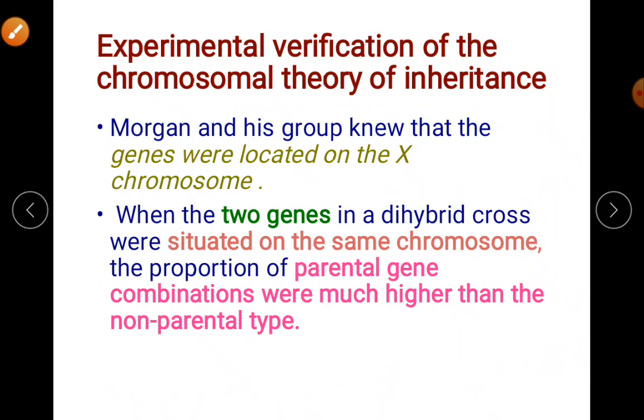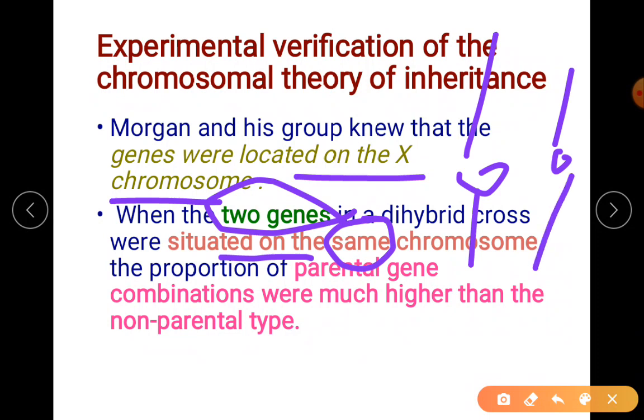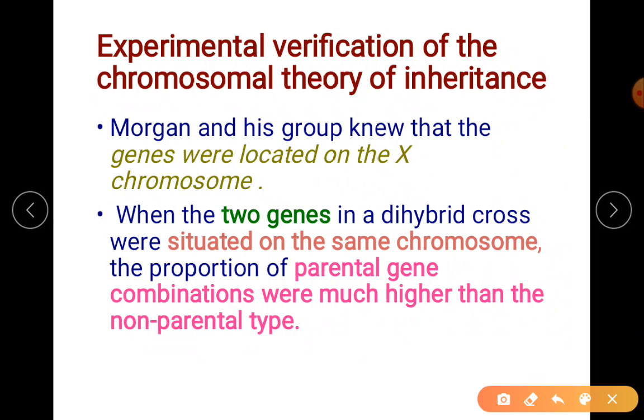So what was the reason? He understood that whatever he was studying was on the X chromosome. So these two genes were situated on the same chromosome, whereas Mendel selected characters on two different chromosomes, R here and Y on the next chromosome. But in what Morgan found, the characters were present on the same chromosome. Whatever pair of characters he chose, the body color and the eye color, were on the same X chromosome.